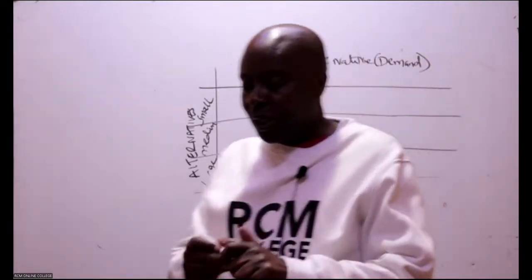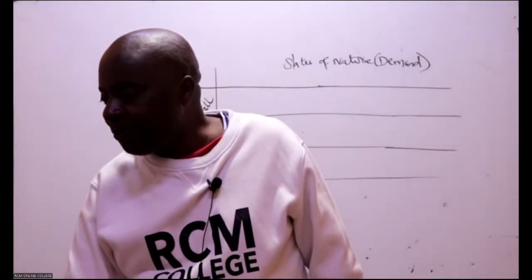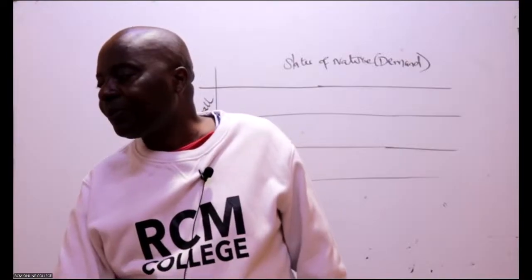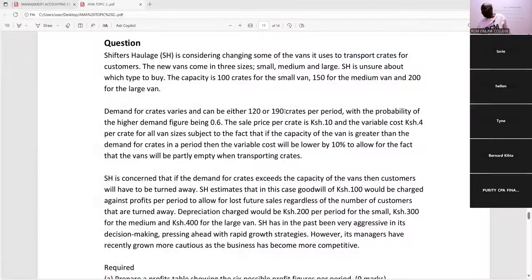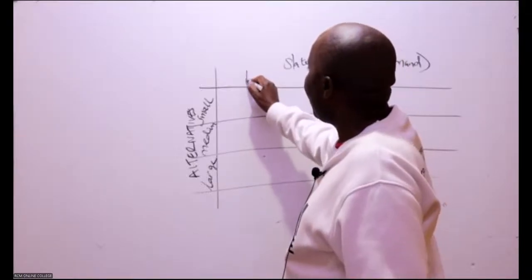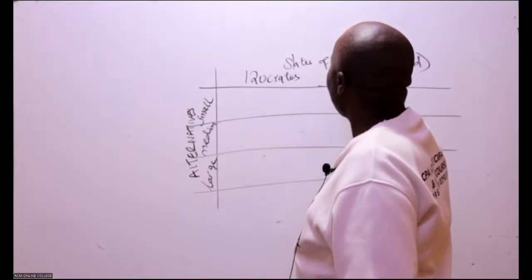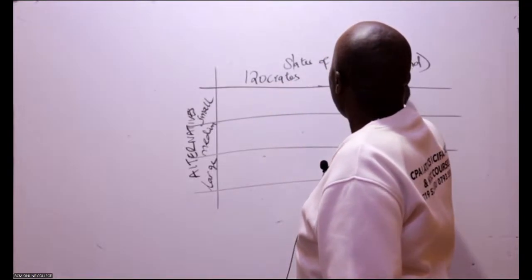They have told us, ladies and gentlemen, that at the end of the day, we expect the demand to be either 120 or 190 crates. 120 crates. I can even write here crates just to make myself bigger. 190 crates.